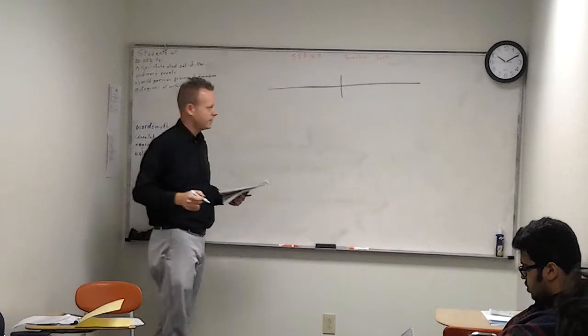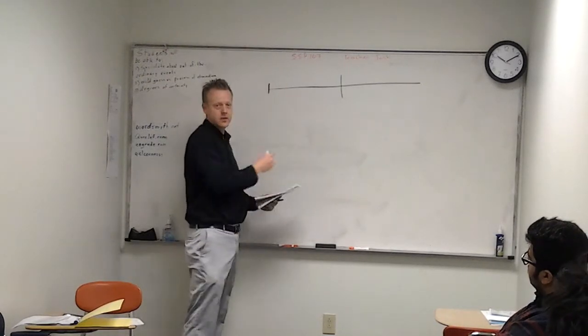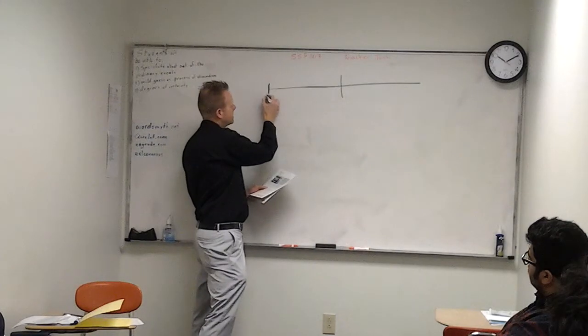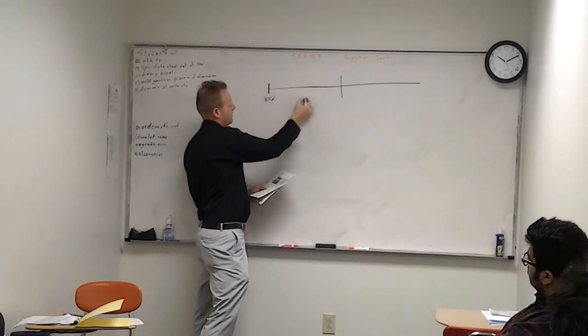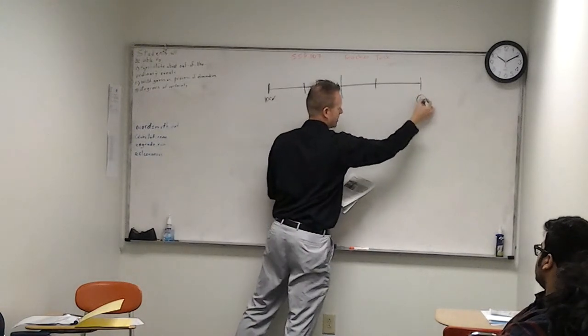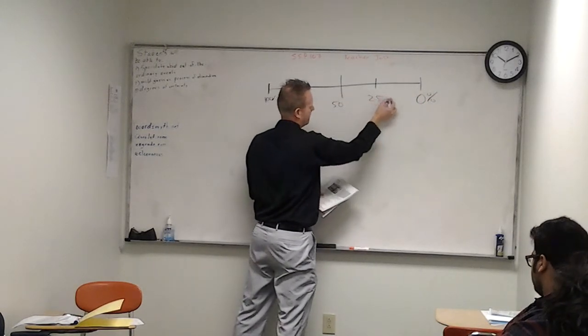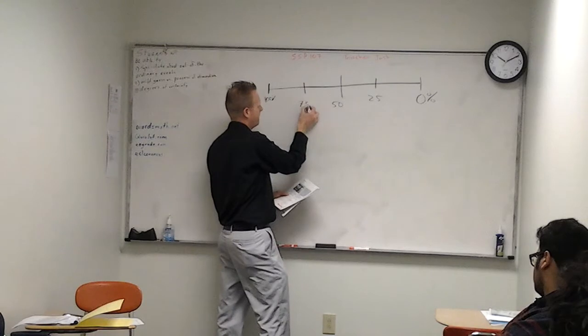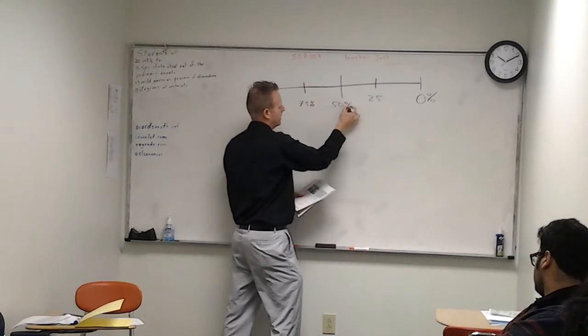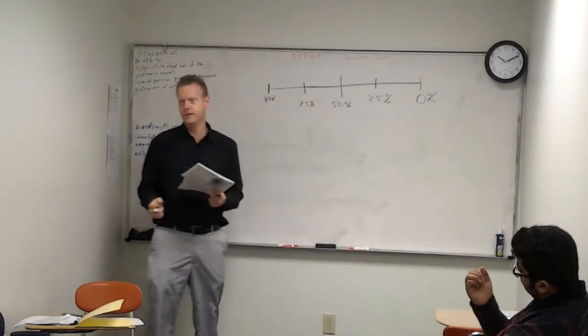So this would be high certainty. Let's say this is 100% certain, and we keep moving down the scale. This is 0%, 25, 50, 75.